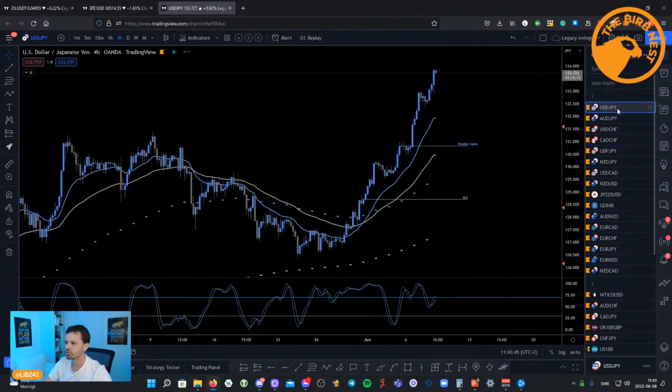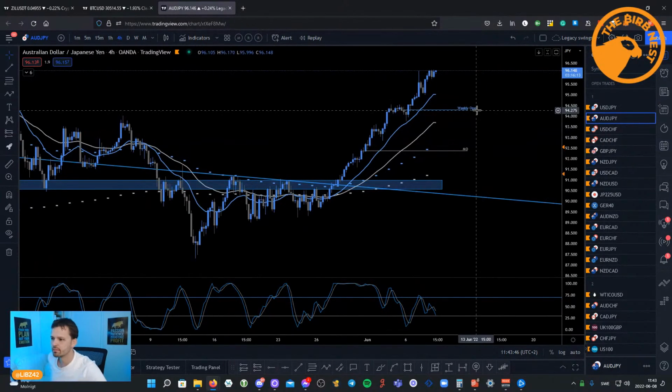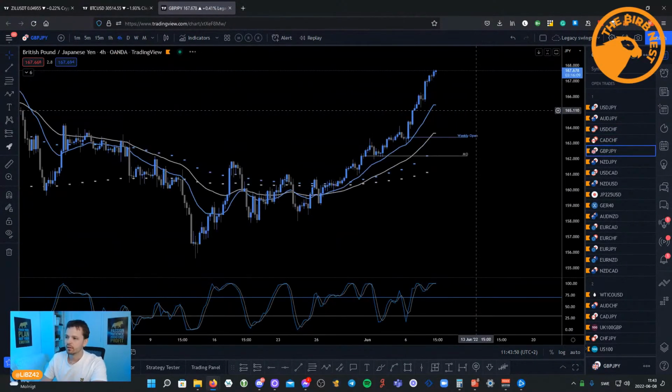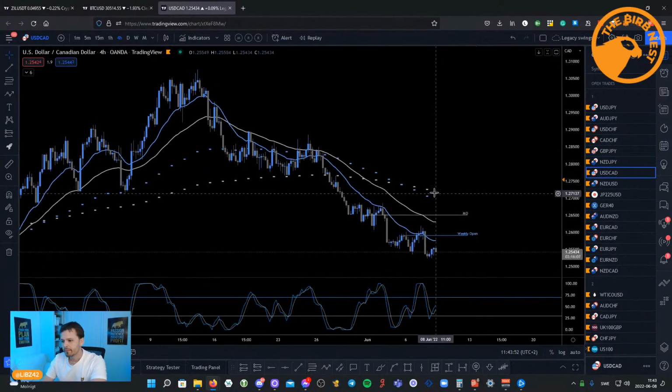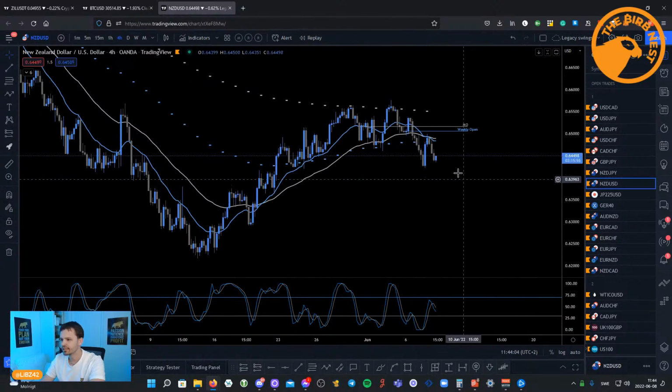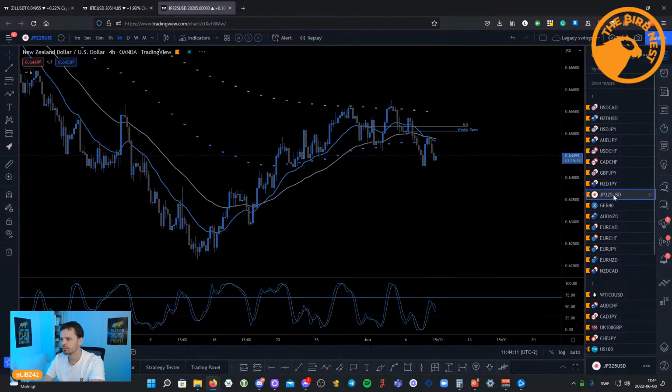Let's do a quick scan before we leave to see if we have any setups we can enter right now. That's a good one. USD CAD, I'm moving that up to the top of the list. NZD USD, also a very interesting one right here, moving that to the top of the list.